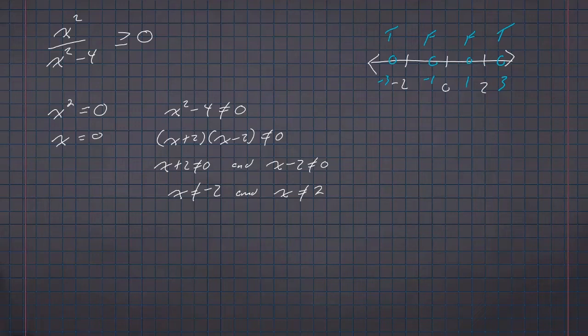So, shading regions. We want to include all of this stuff to the left of negative 2. We want to include all of this stuff to the right of 3.